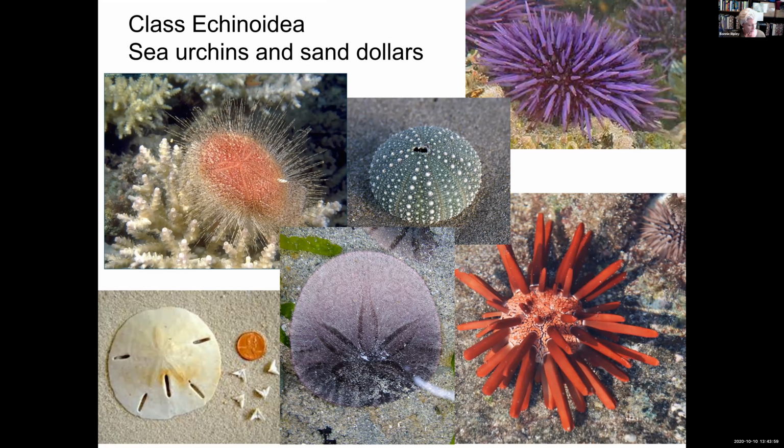Our third to last group is the echinoids. Echinoids include sand dollars and sea urchins, and they're going to be more ball shaped. They're either going to be a round ball, typically with fairly long spines, or they're going to be more of a flat disc with little flat spines sticking along.